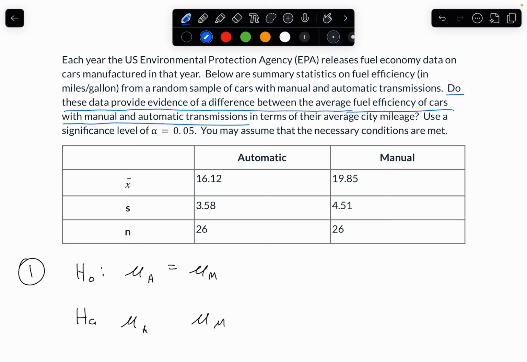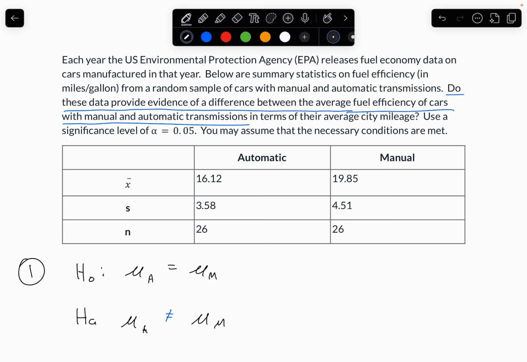So is there a difference? I'm not claiming that one is greater than or one is less than. I'm just saying, are they different? Which means that we're going to be doing a two-tailed test right here. So we're going to say the population mean of the automatic transmissions is not equal to the population mean of the manual transmissions. So we've got our null and alternative hypothesis set up.